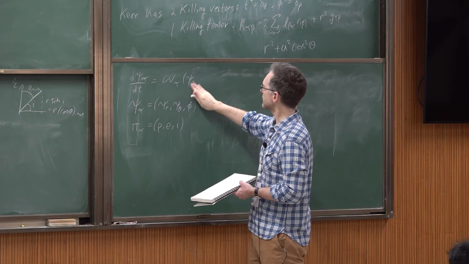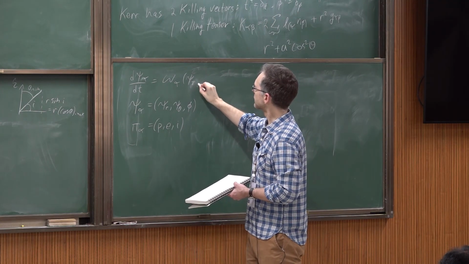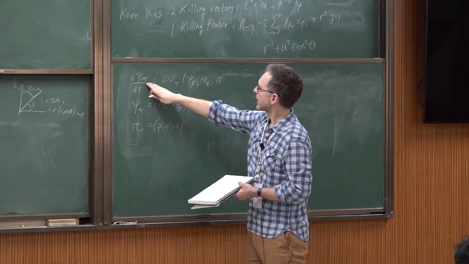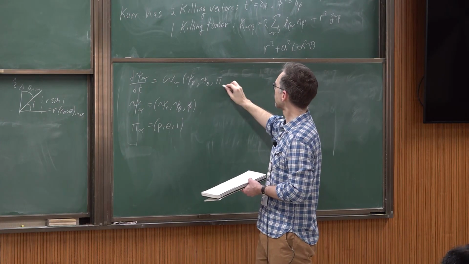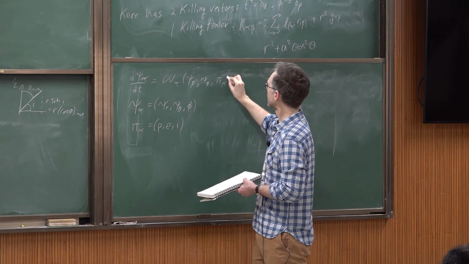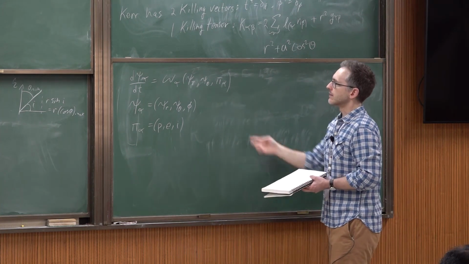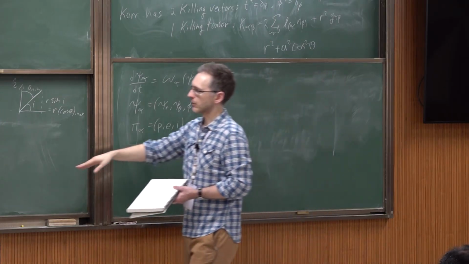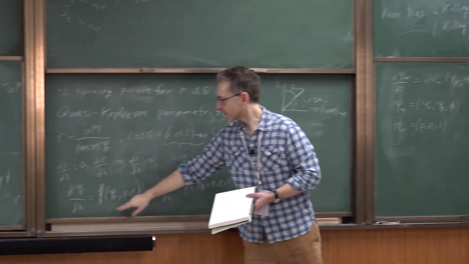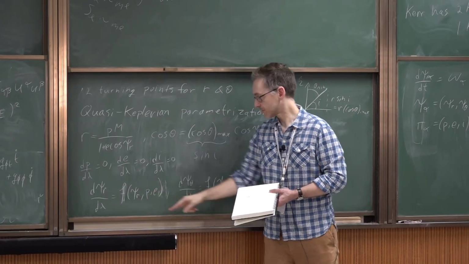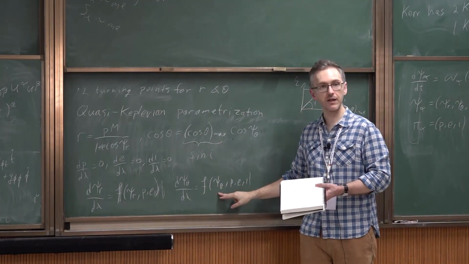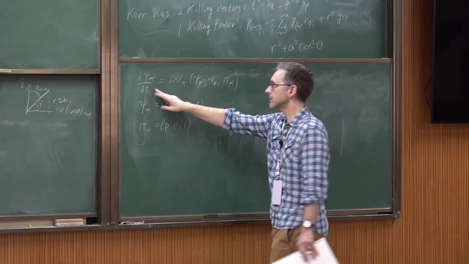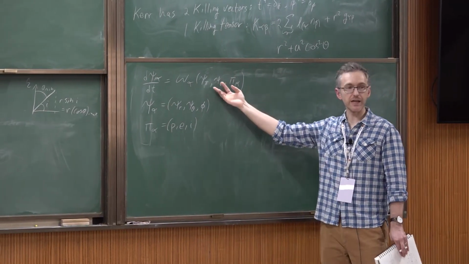So in terms of those, we have these rates of change of the phases. These now depend on both psi r and psi theta, whereas back over here, d psi r d lambda only depended on psi r, and d psi theta d lambda only depended on psi theta. So when I switch to coordinate time t, I kind of reintroduce the coupling.